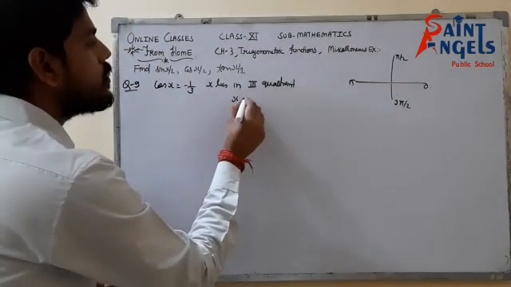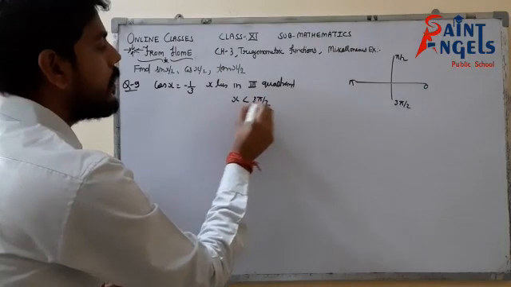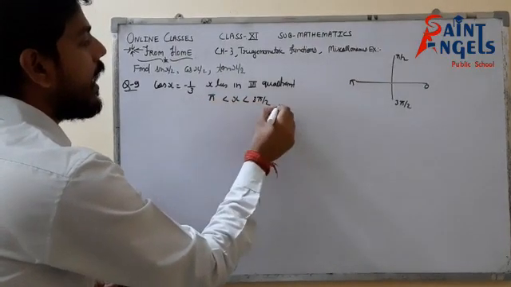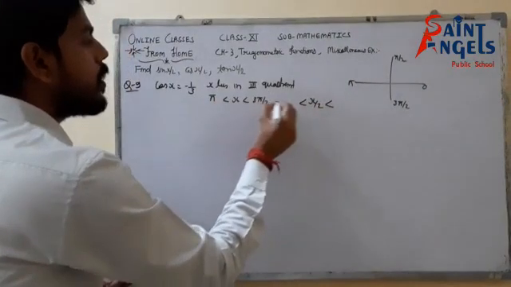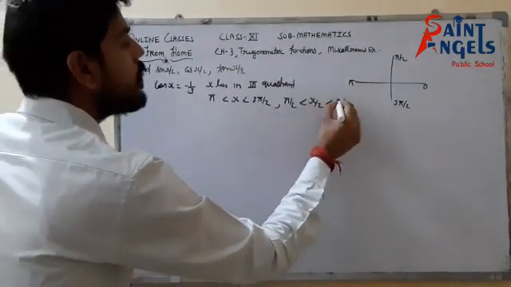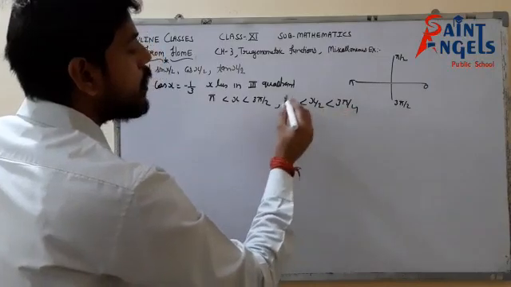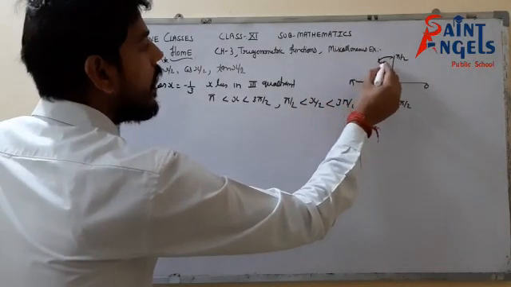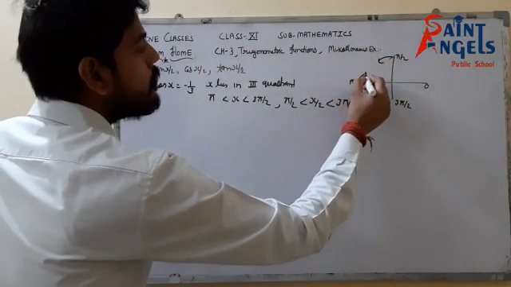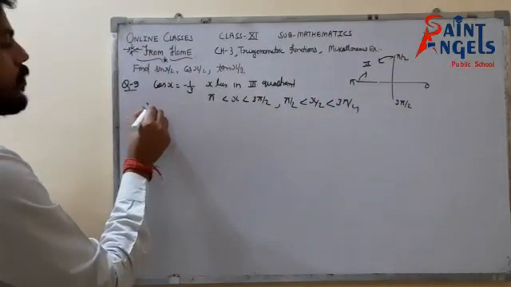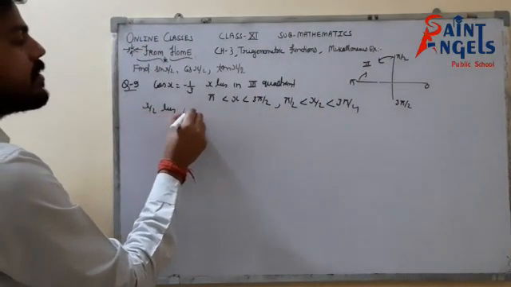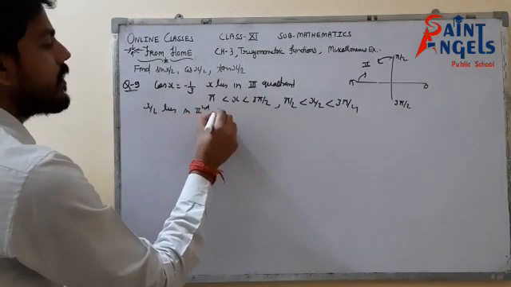So then x by 2 will lie between pi by 2 and 3 pi by 4. It means greater than pi by 2 and smaller than 3 pi by 4, so x by 2 lies in the second quadrant.